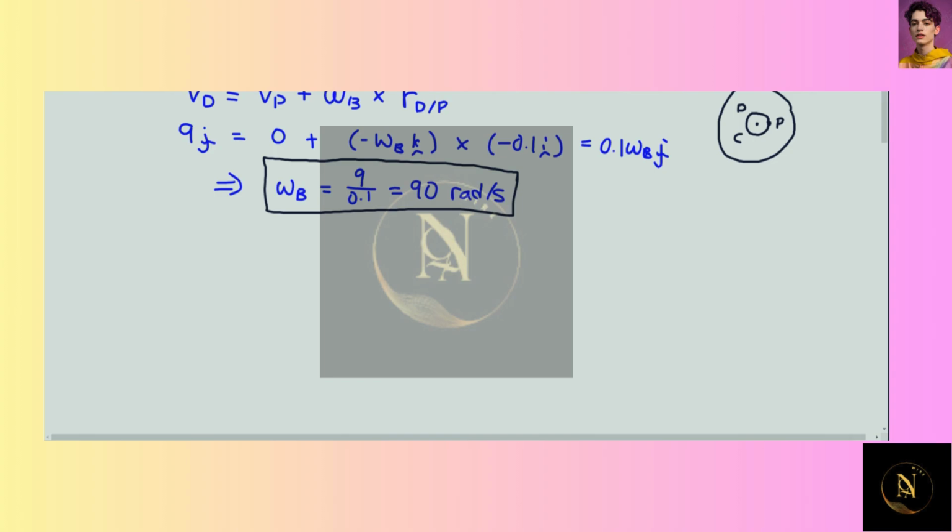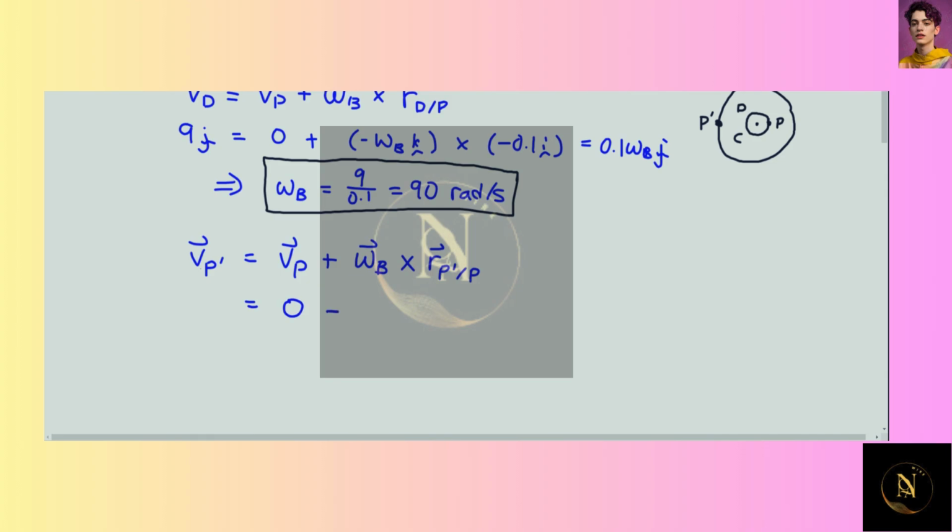VP prime is equal to VP plus omega B cross RP prime relative to P. P prime is actually here, and VP prime is something that we want to find.